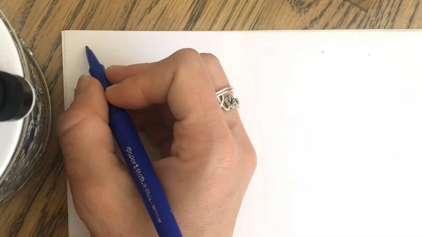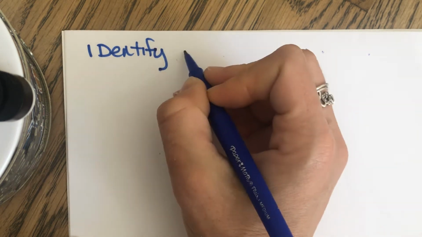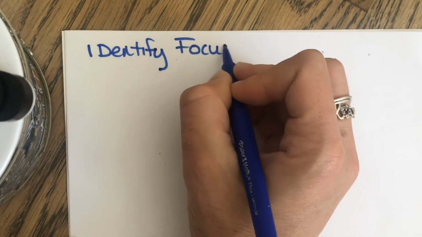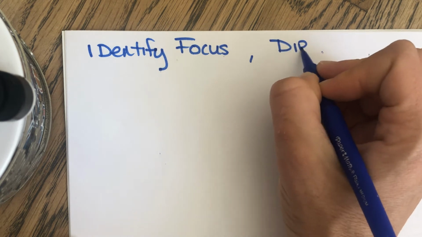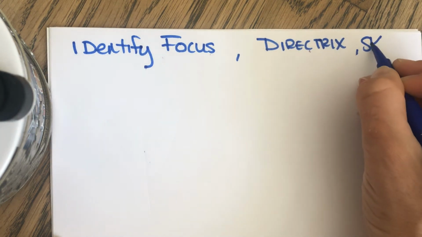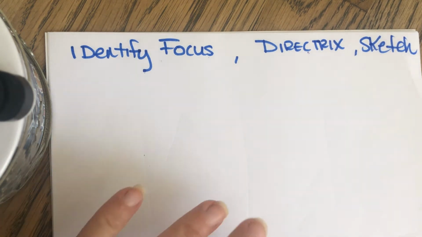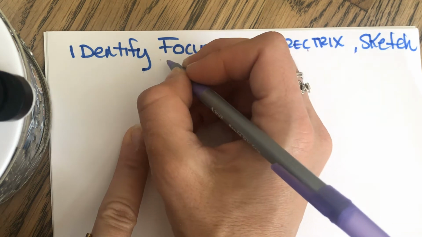Okay, so here's what the problem for your homework is going to be for tonight. Your homework is going to say, and again, we're just going to be at the origin, identify your focus, your directrix, and then I want you to sketch. So I'm just going to do 4 problems and then your video is done. Now, remember, your focus is a point.